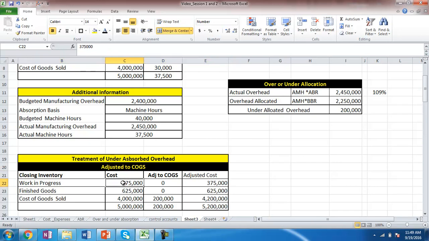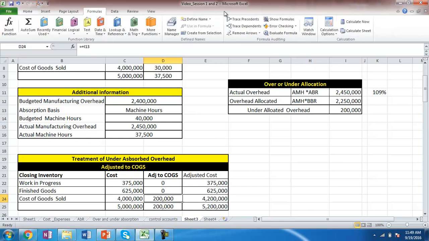So no adjustment to the WIP or finished goods. The entire 200,000 will be added to the cost of goods sold. As a result, the adjusted cost will change for the cost of goods sold.